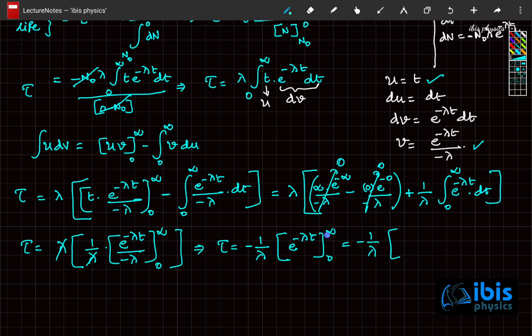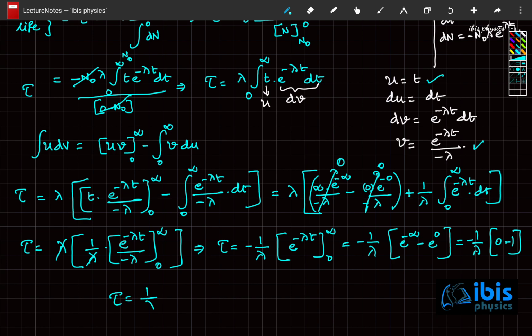When I substitute the upper limit, e power minus infinity, when I substitute the lower limit, e power 0. So e power minus infinity is 1 by e power infinity, which is 1 by infinity, becomes 0. So 0 minus 1. So that is minus 1 by lambda into 0 minus 1. So 0 minus 1 is minus 1. Minus 1 into minus is plus.